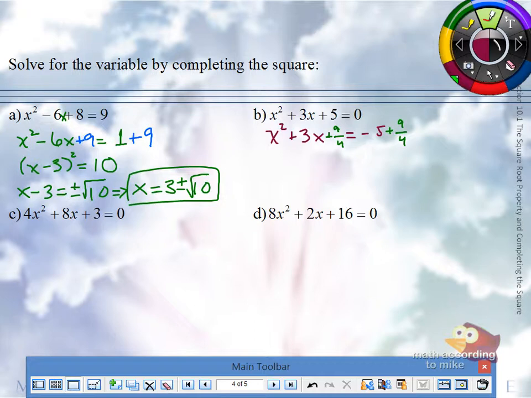How does the left-hand side factor? Good. Squared equals, what is negative 5 plus 9/4? And don't you dare touch your calculator.